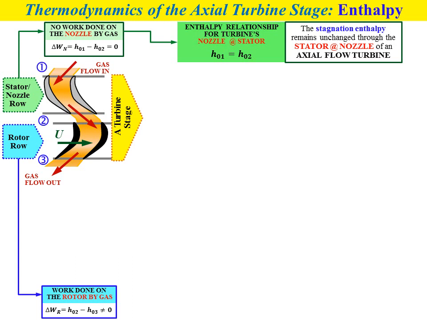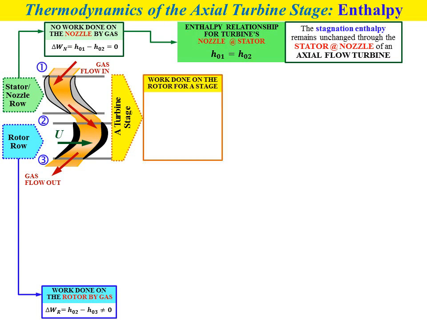Now consider a turbine stage, which consists of one nozzle row and one rotor row. For the inlet and outlet conditions of a turbine stage, we consider condition number 1 as the inlet of the turbine stage and condition number 3 as the outlet condition of the turbine stage.